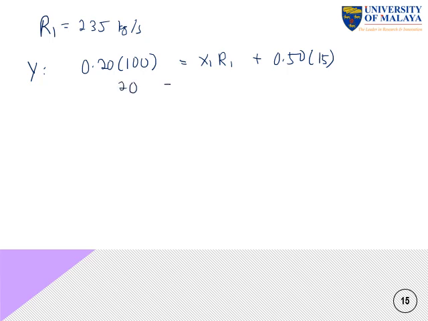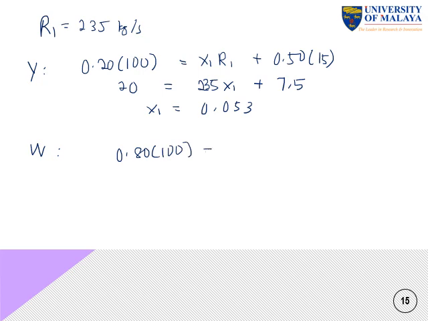So 20 equals 235 x1 plus 7.5. From here you will get x1 equals 0.053. Next you can do a balance on W. 0.8 times 100 at the inlet equals 0.45 times 15 plus 235 times x2. Solving for x2, you will get 0.312, or you can also just write 0.31 if you want to keep it to 2 significant figures.